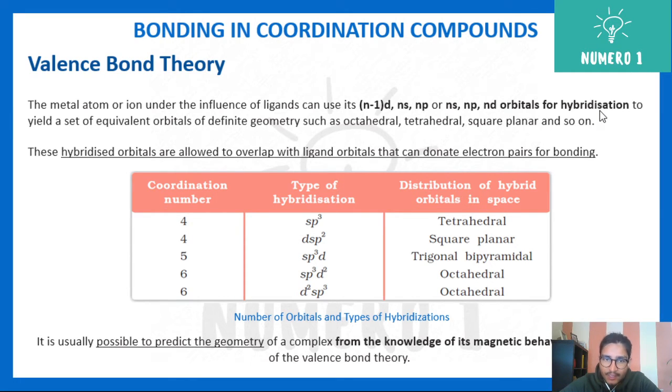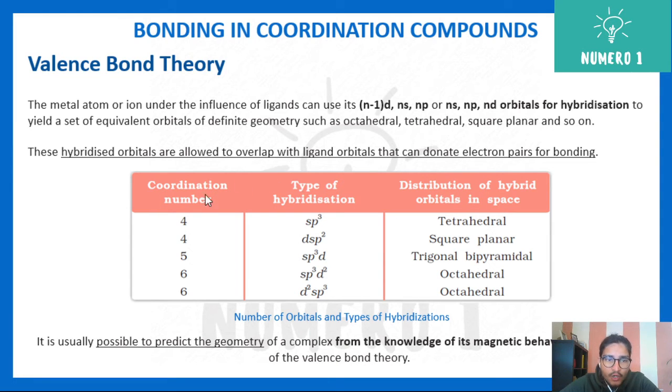If it does that, it can give out different geometries such as octahedral, tetrahedral, square planar, etc. These hybrid orbitals will overlap with ligand orbitals, and the ligand will donate its electron pair, which these central metal orbitals will accept.